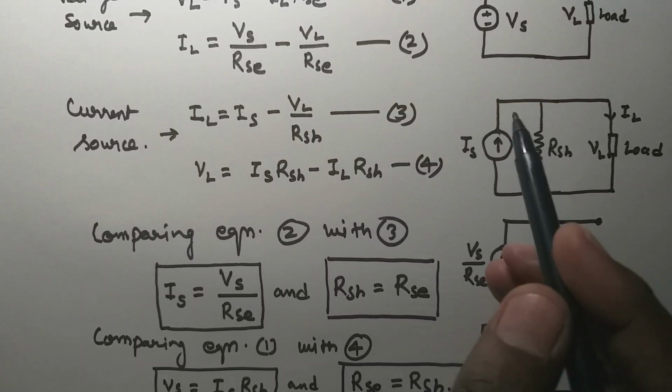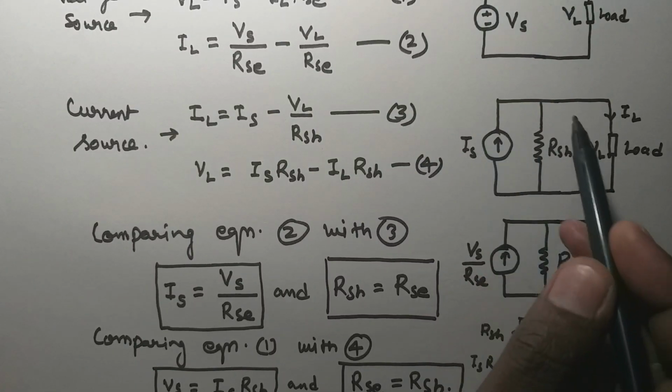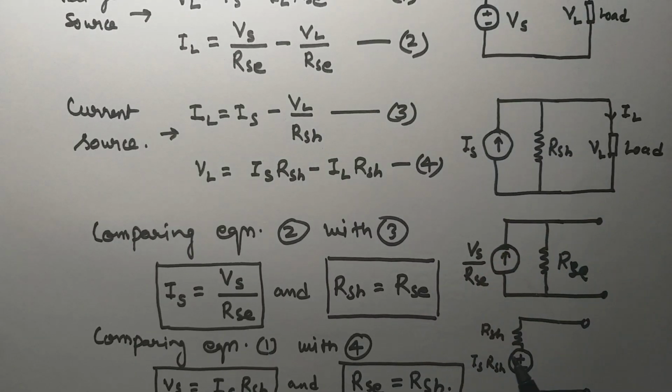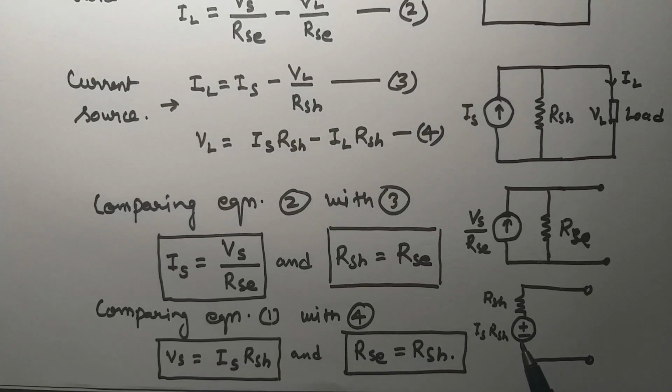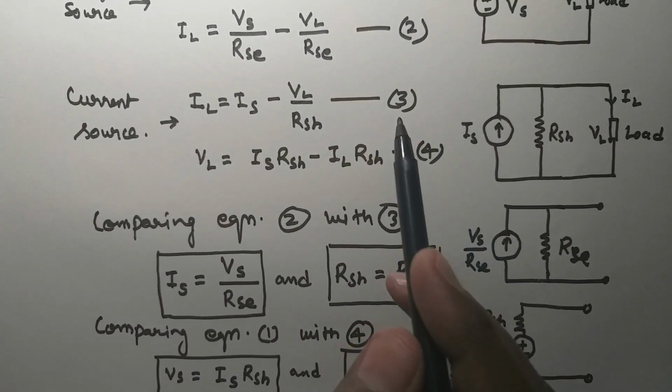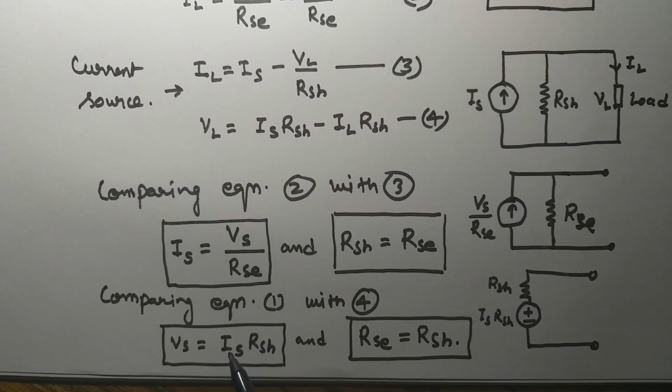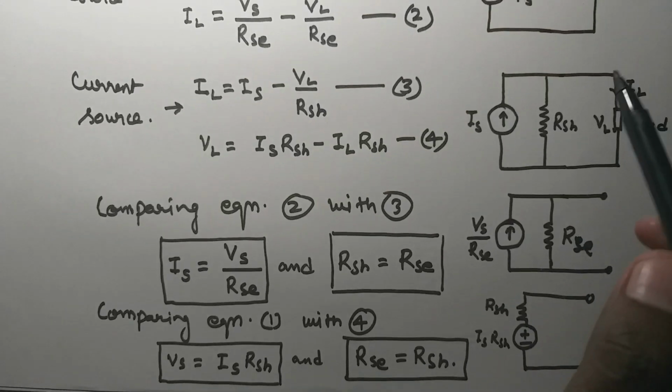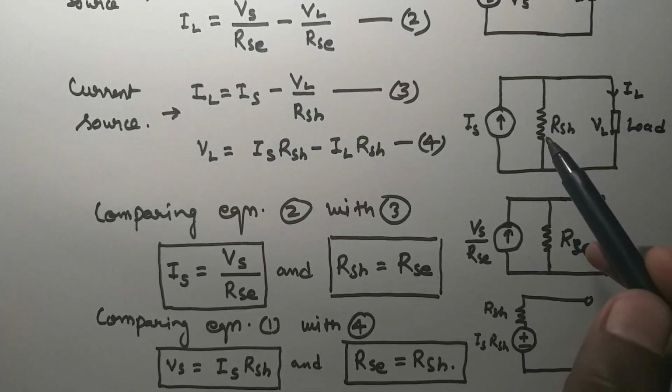Similarly, if we are given this current source and we have to find the equivalent voltage source, then to find the voltage source value, we compared this equation 2 with 3. So we found Vs as Is into Rsh, and Rse, the series resistance, is equal to Rsh, the resistance in the shunt branch.